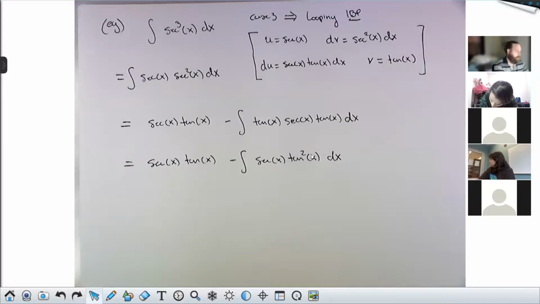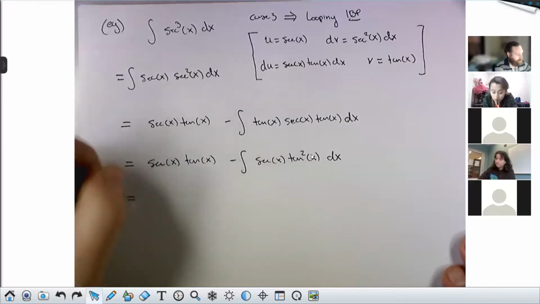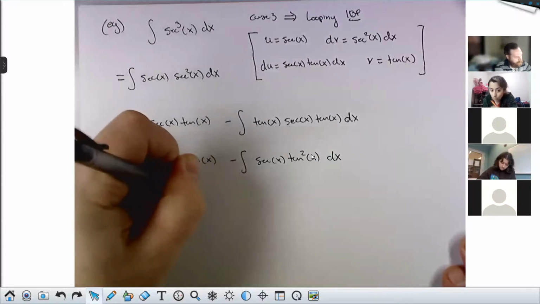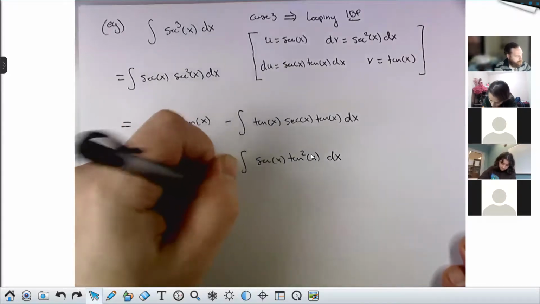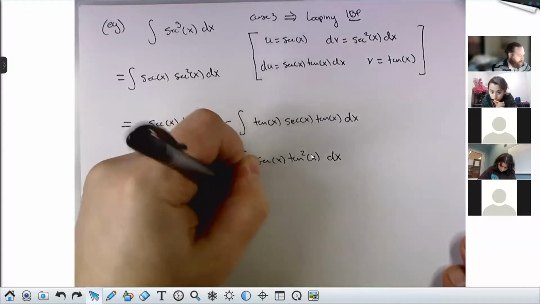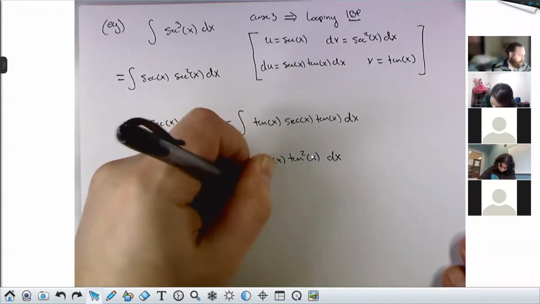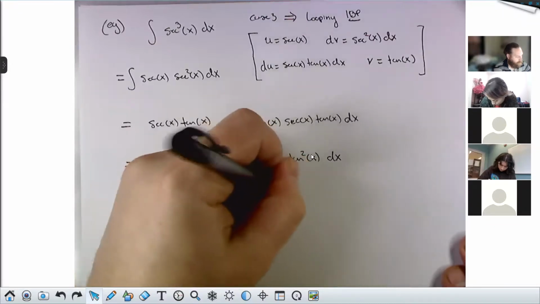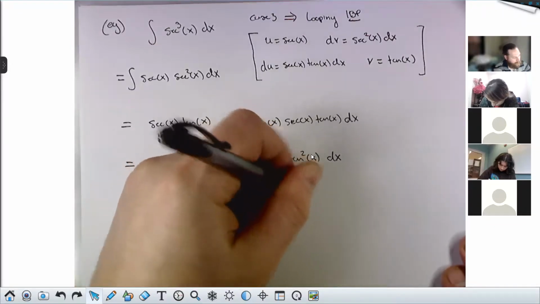So tan squared of x there I will replace by its Pythagorean equivalent. Tangent squared is secant squared minus 1.